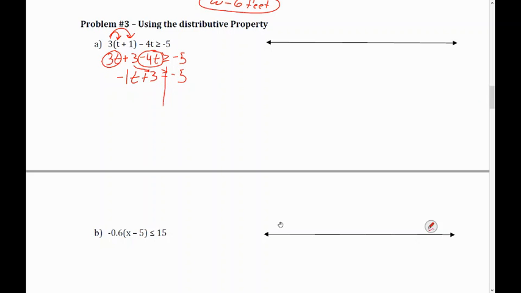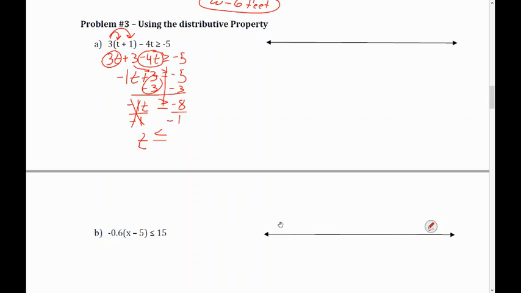I draw in my line if you want to split it to the left side and the right side. I subtract the 3, get negative 1t is greater than or equal to negative 8. And again, we have this negative 1t, so we don't want negative 1, so we need to divide. Notice again that I'm dividing by a negative number, and what we talked about in 3.3 is anytime we divide or multiply by a negative, we have to switch our sign.